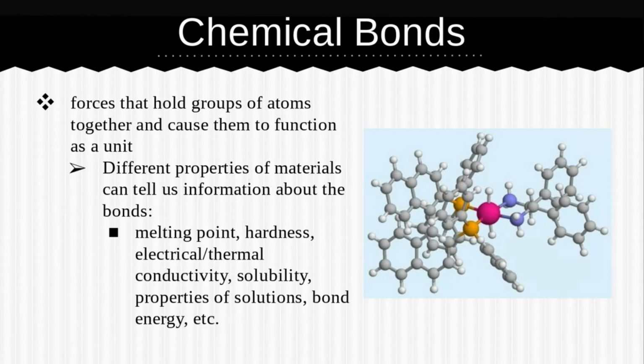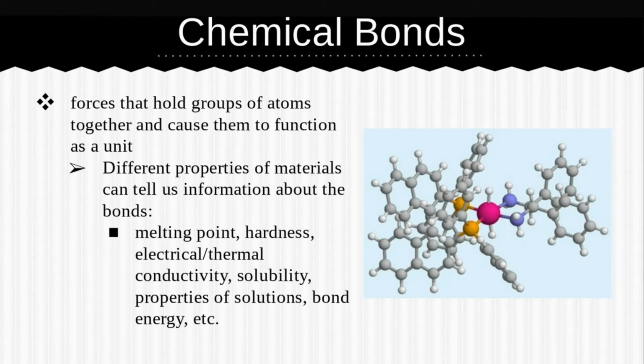So the different properties of whatever material we're looking at can help us to determine the bond type. Some of the properties that we'll be looking at are melting point or freezing point, and then also boiling point and condensation point, I guess, as well.